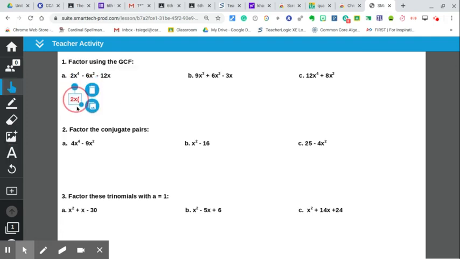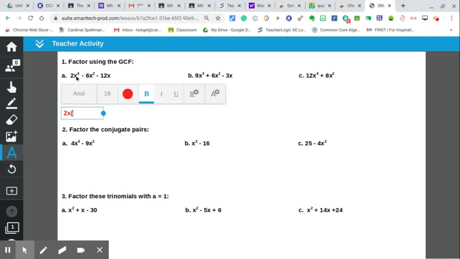Okay? And now you have to take all these things. I'm going to move this down a little. And you have to divide by 2x, right? So the 2x to the fourth power, 2 divided by 2 is 1. X to the fourth divided by x is x to the third. Right?